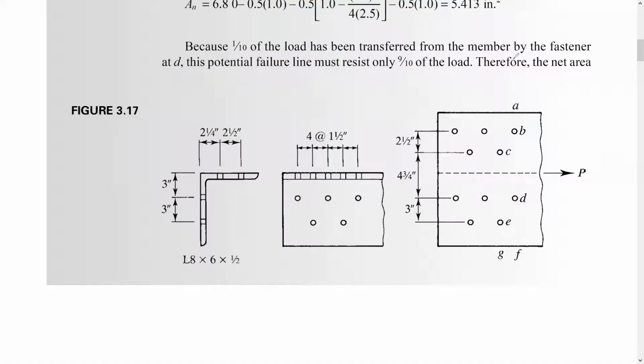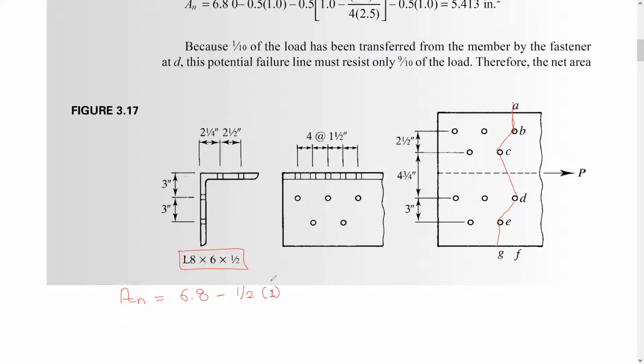Let's right now check the path A, B, C, D, E, and G. Okay, so in this path, you know, the net area is equal to the gross area, which is 6.8 for this cross section from the manual, minus the first one here is 3, so it's going to be 1/2, times 1 bolt.